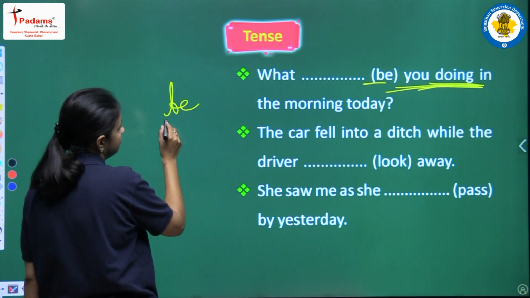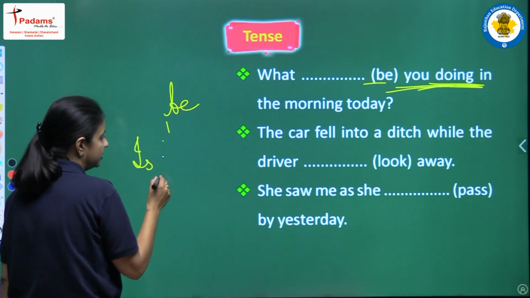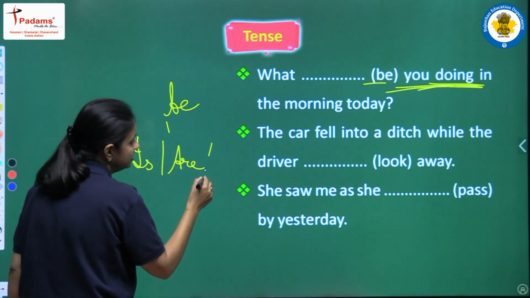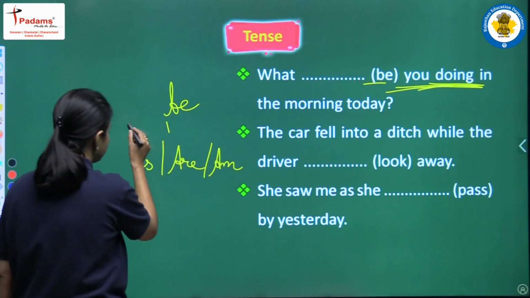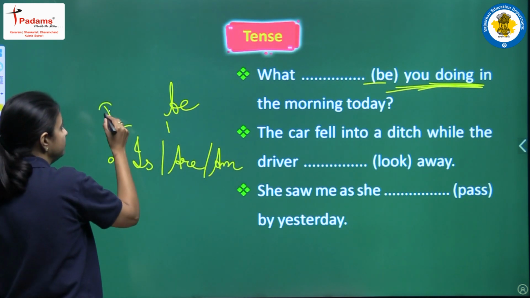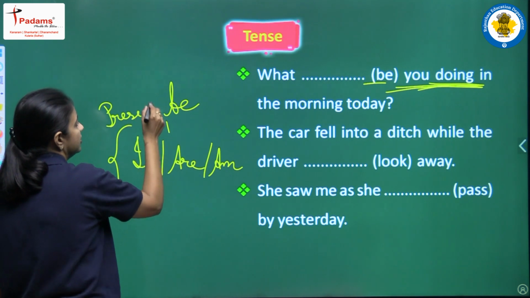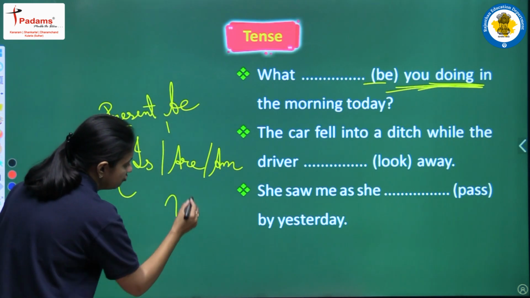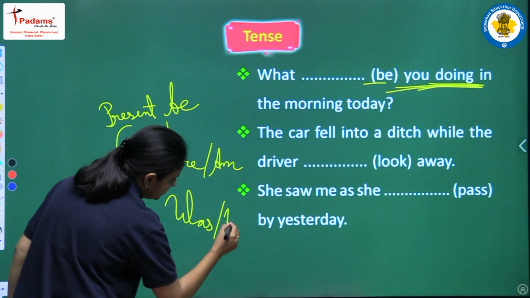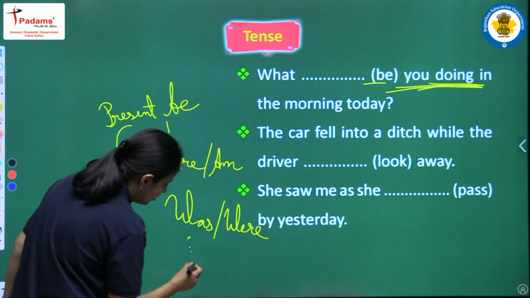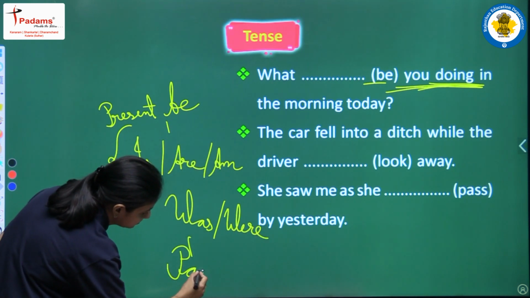What does be mean? Be means is, are, am if we are talking about present time, and be means was, were when we are talking about past time.